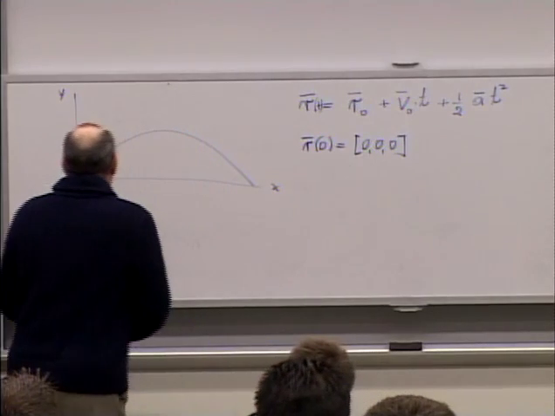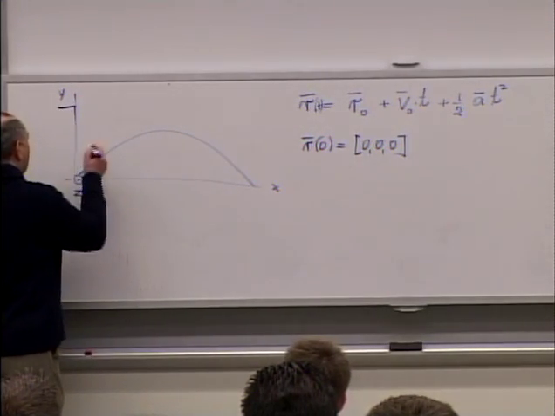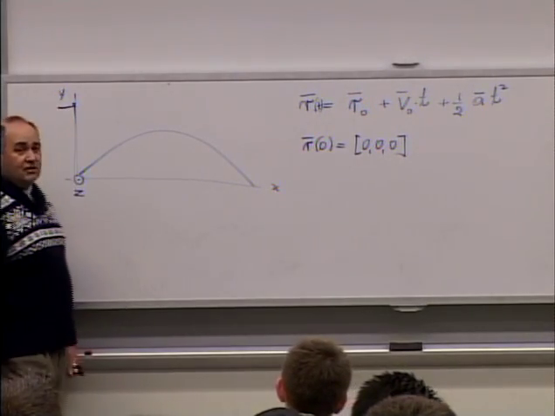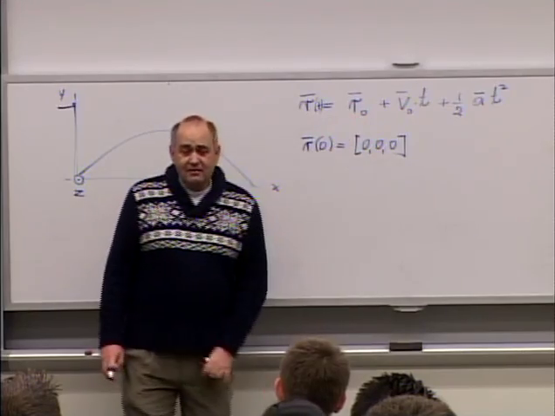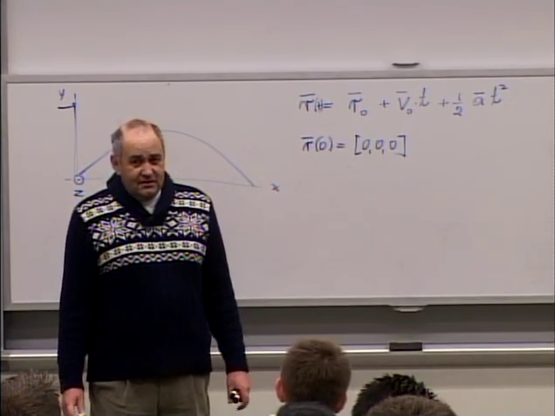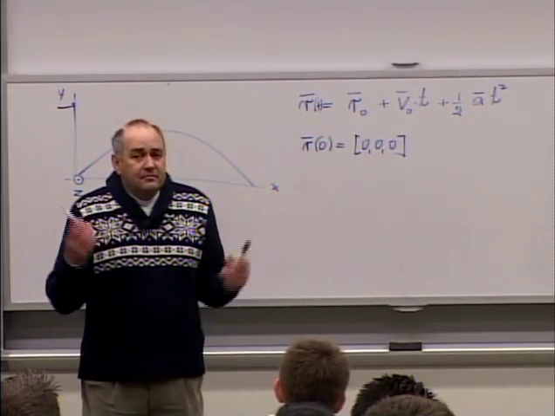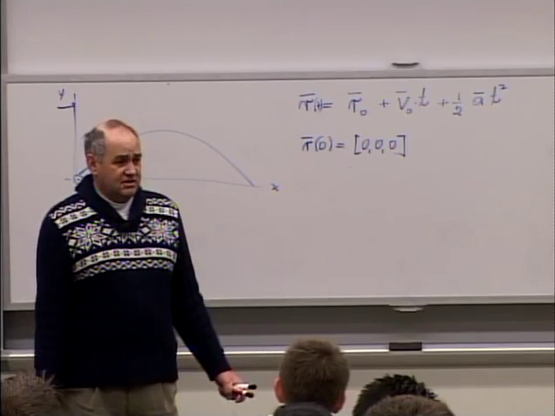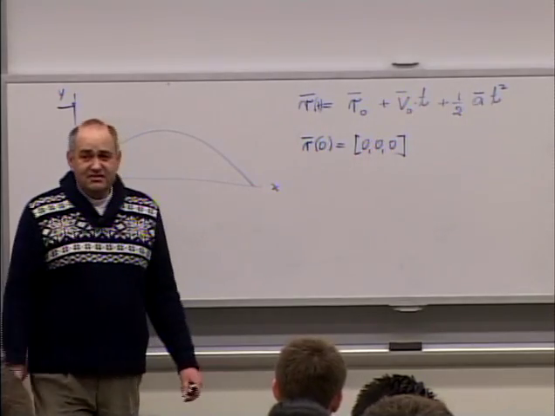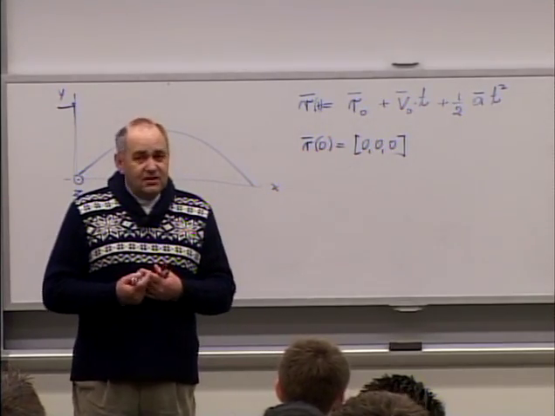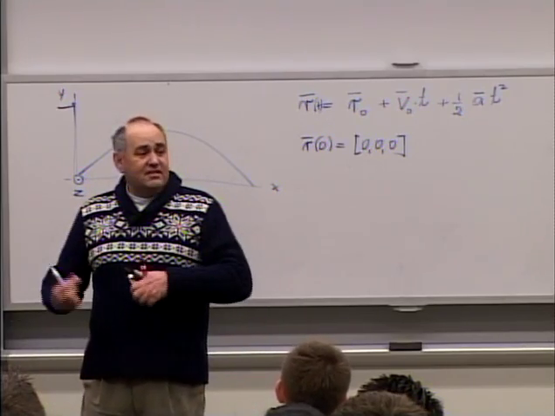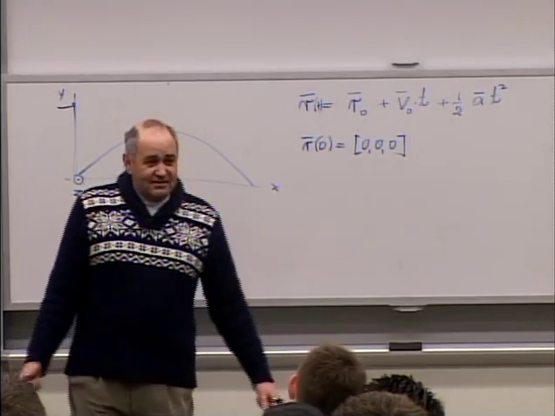No. If this is a building, for example, and you release an object from there, then this position at instant 0, which for some reason we call initial position, doesn't make much sense to me, because 0 is like any other instant. 0 is like any other number assigned to an instant. So it would be better to say position at instant 0, or position at the reference instant, rather than initial.